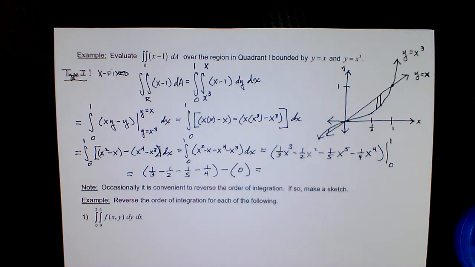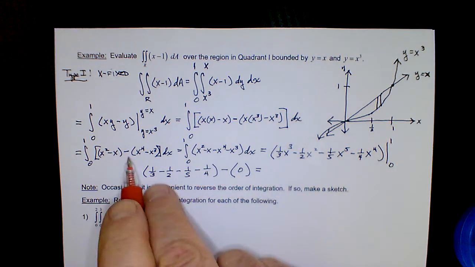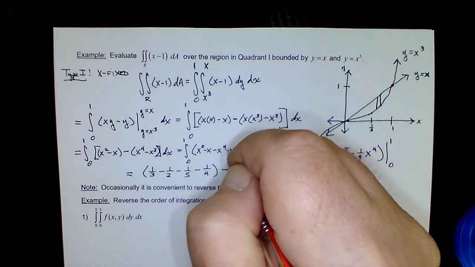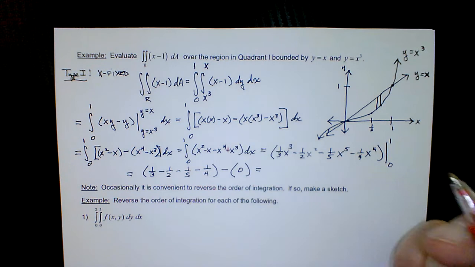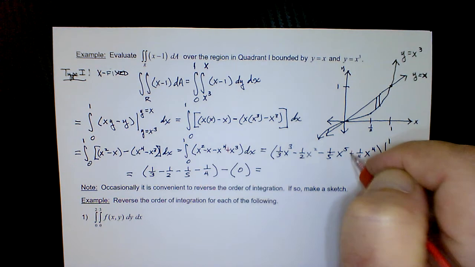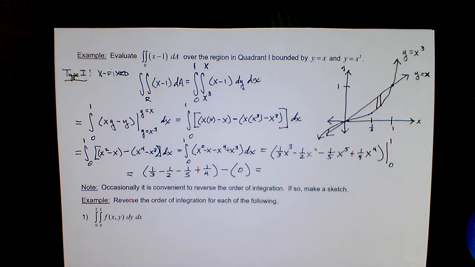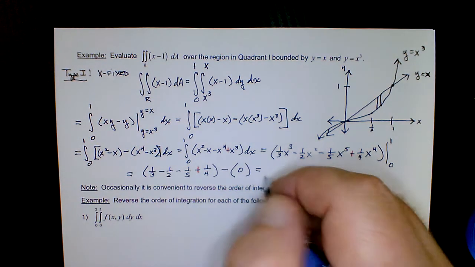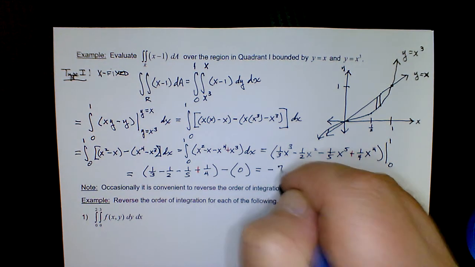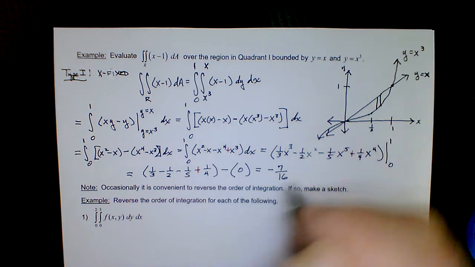So make this correction. At this stage, I neglected to distribute the negative here. So that would have been a plus. This would have been a plus. And that would have been a plus. Okay, and then use a fraction calculator or grind it out. Get minus 7/16.